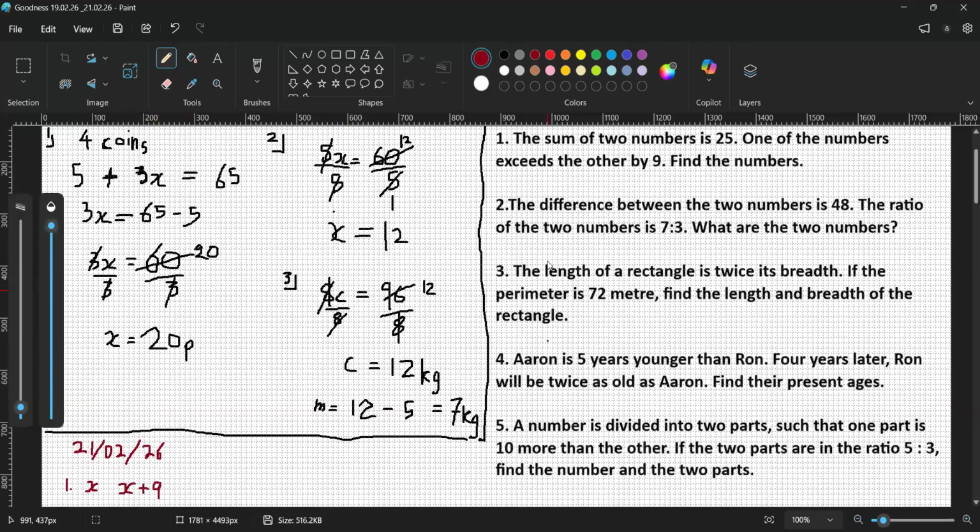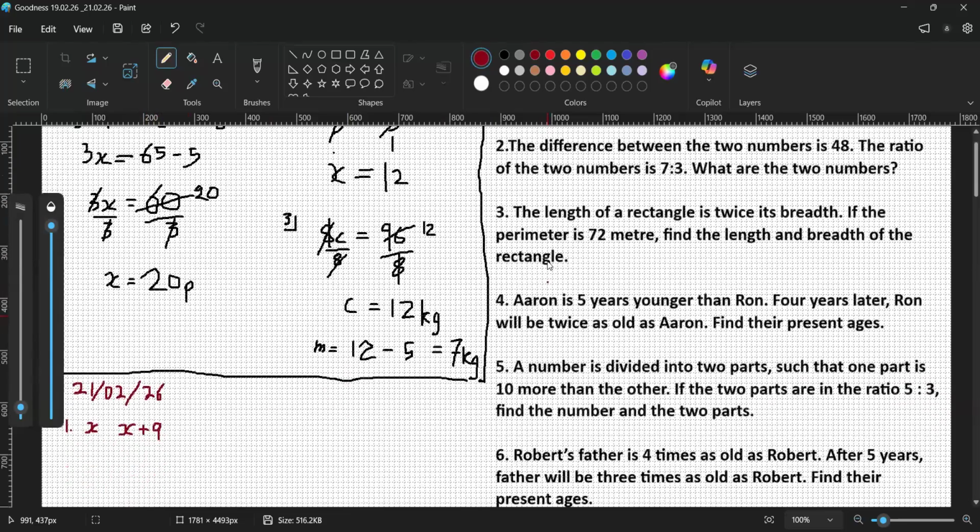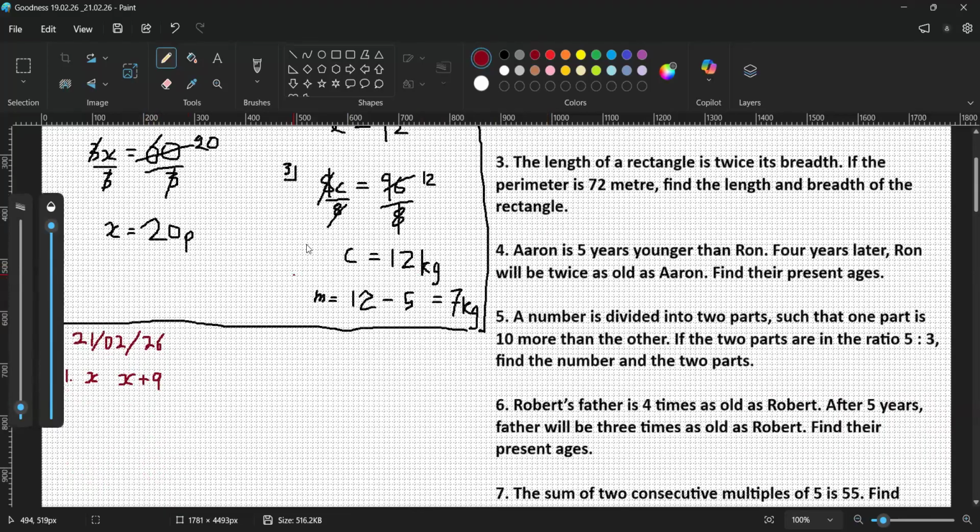The first sentence in that question said the sum of the two numbers is 25. So I think we can interpret that as x plus x plus 9 equals 25, right? Yes, sir. Okay, so that is our equation that we're looking for.